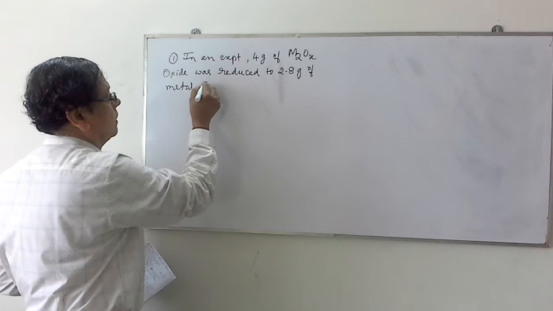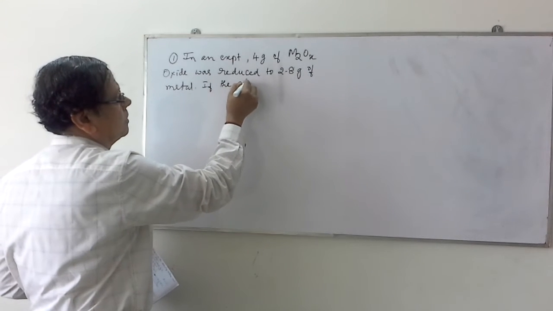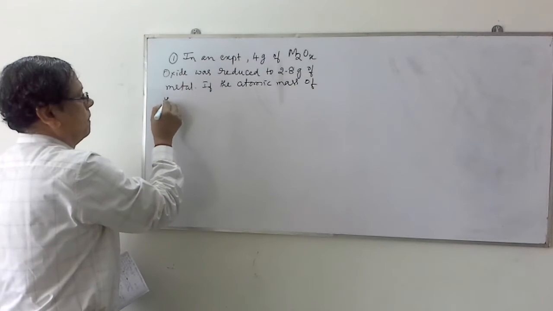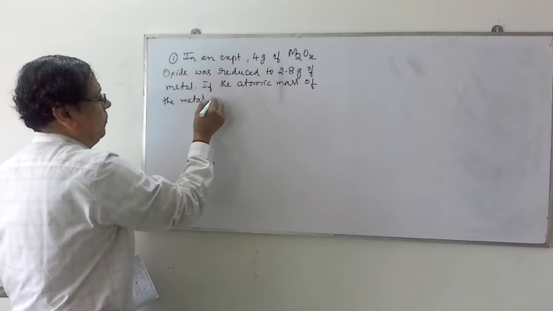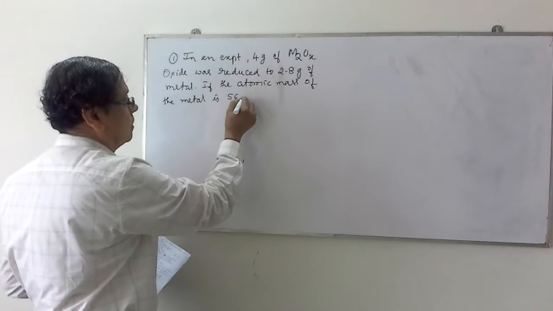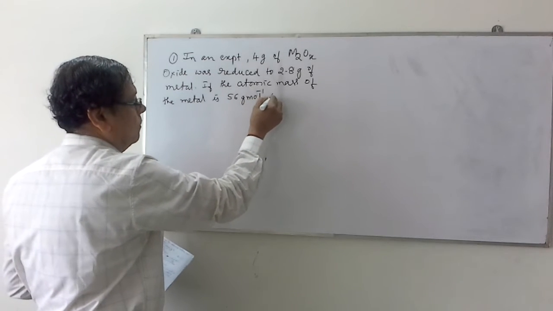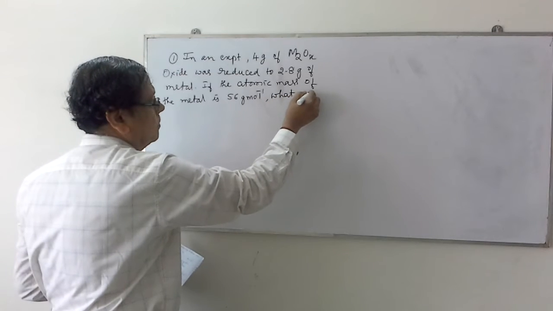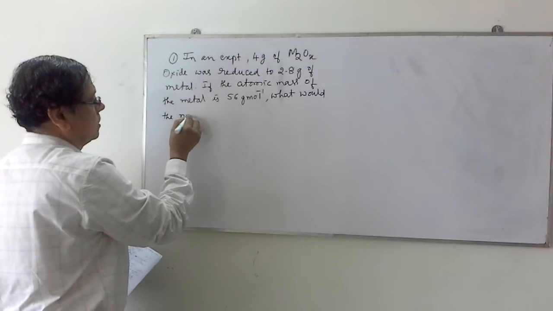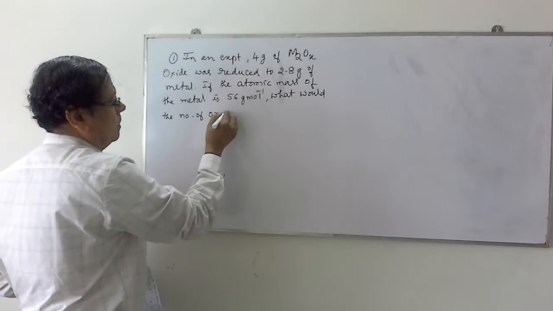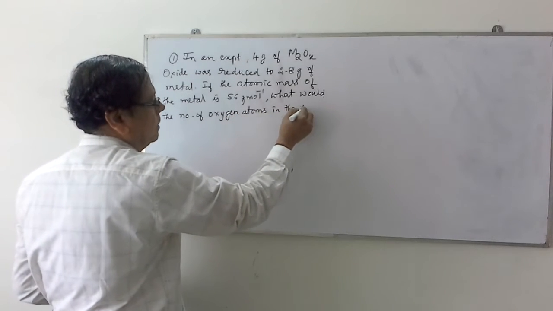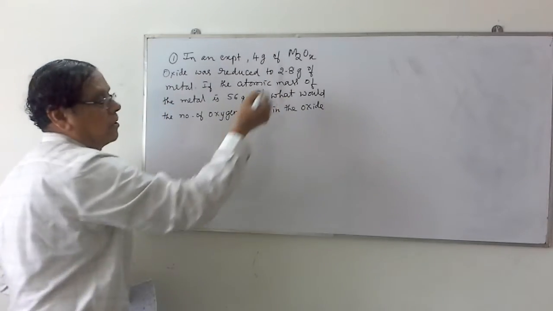If the atomic mass of the metal is 56 gram per mole, what would be the number of oxygen atoms in the metal oxide?